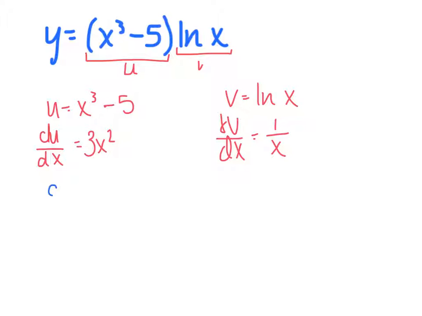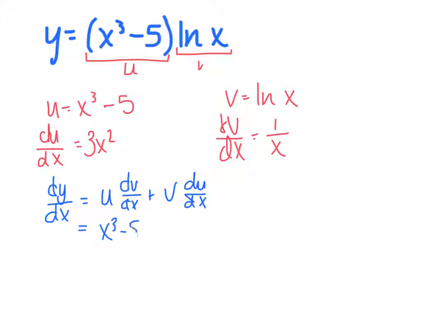Pulling those together according to the product rule, which tells us that's u dv dx plus v du dx, gives us x cubed minus 5 times 1 over x plus ln of x times 3x squared.